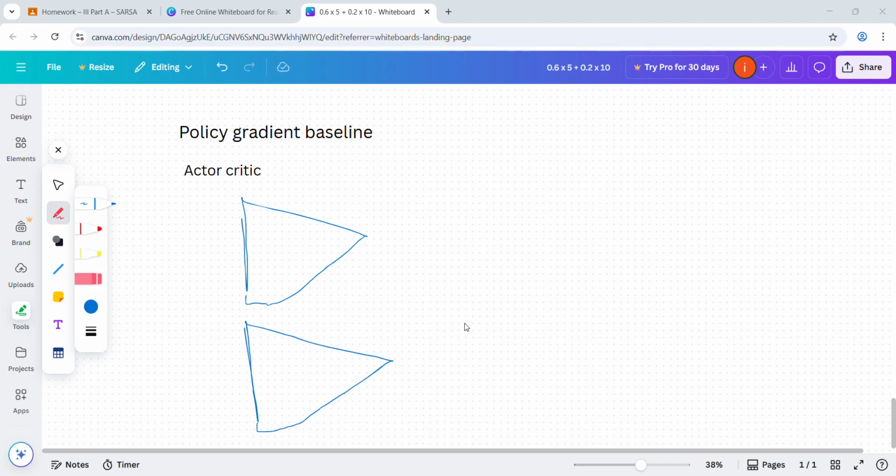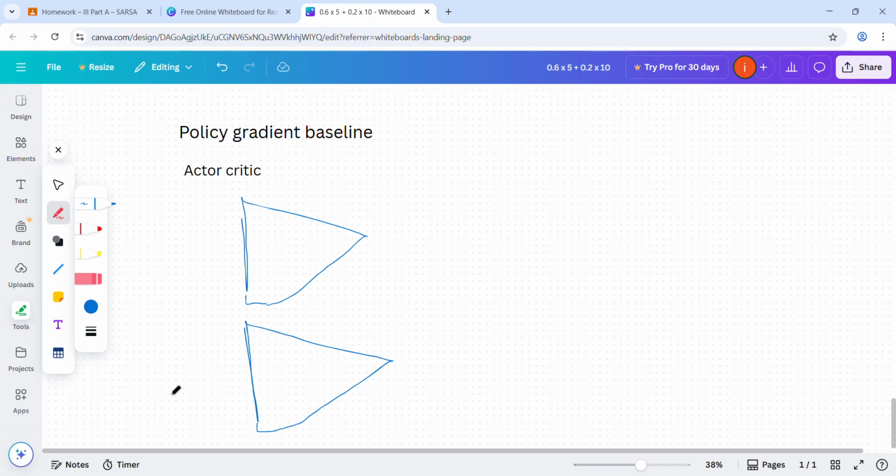So now let's discuss the process. Firstly, we need to collect the data, and the policy network will give us the probabilities, and we will sample some actions. After that, we will use the value network to compute the baseline. The value network will give us how good a state is.